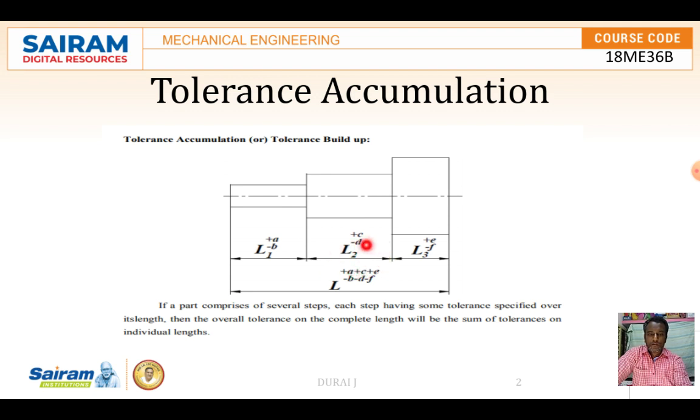They are not going to specify individual lengths. Starting from one to the next, and so on, that is called progressive tolerances. So tolerance accumulation means the overall tolerance length is the sum of the individual tolerance values.